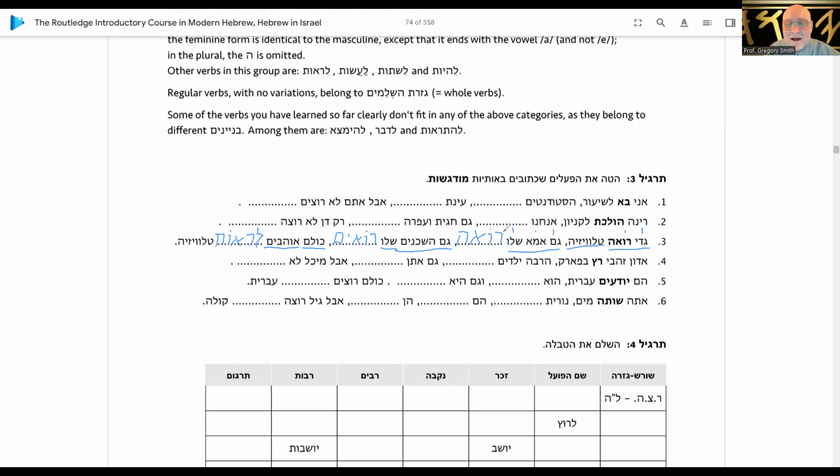Okay, so we should have ro'ah for his mother. We should have for the neighbors ro'im. And for when it says kolam ohavim, everyone loves, ohavim loves lirot, televisia, to watch the television.